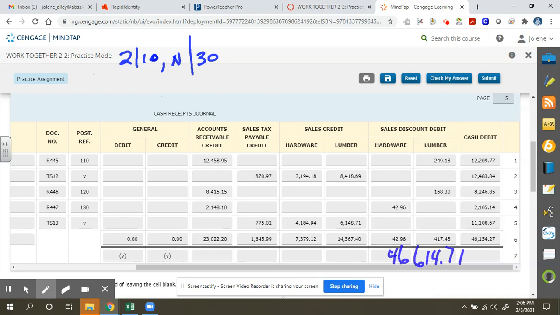That's what I got for the debits, adding the debits together. And adding up my credits, which here's the dividing line.